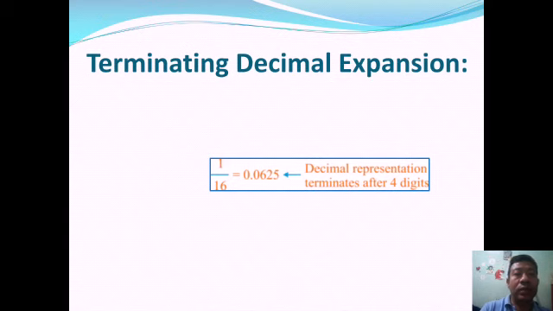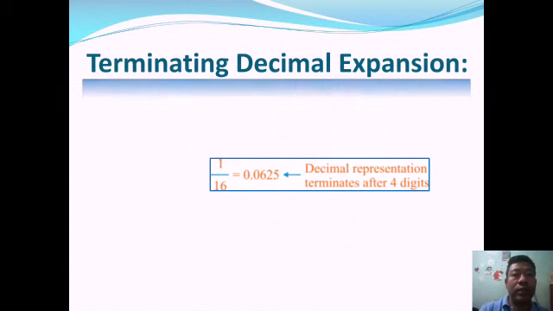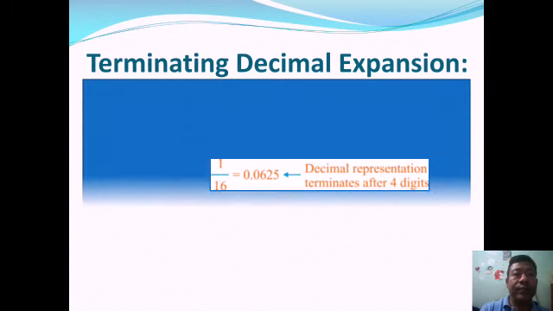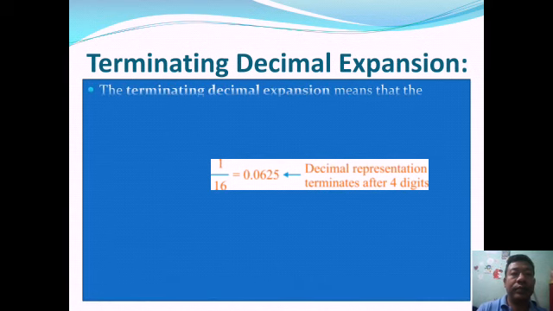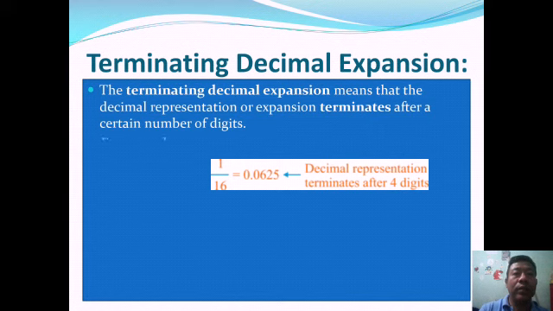There are three types of decimal forms. One is terminating decimal expansions. Let us see the definition. The terminating decimal expansion means that the decimal representation or expression is terminated after a certain number of digits.